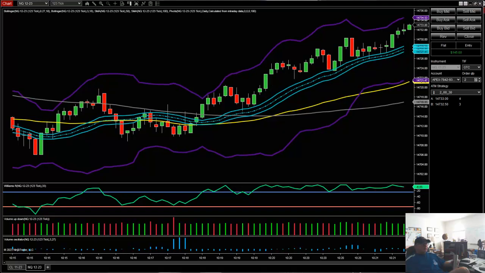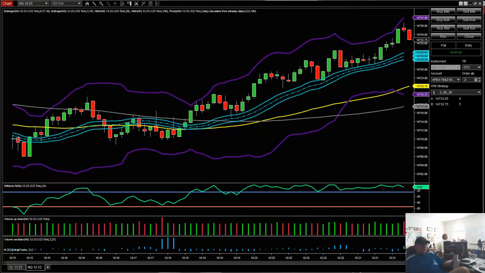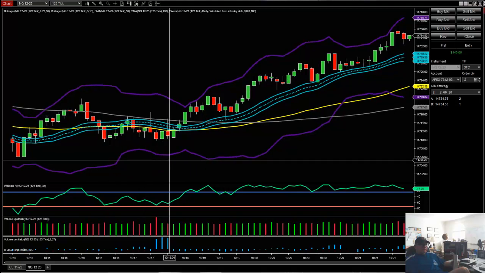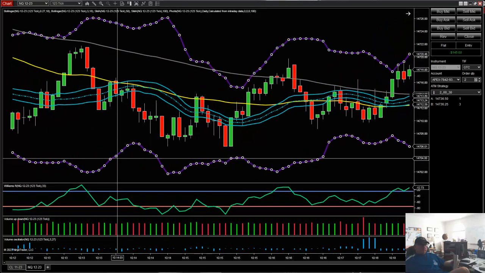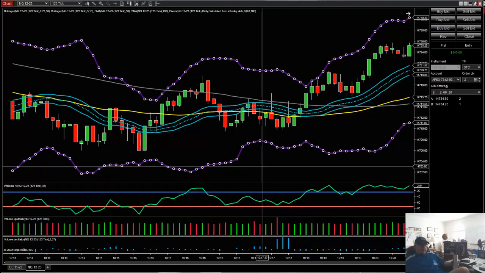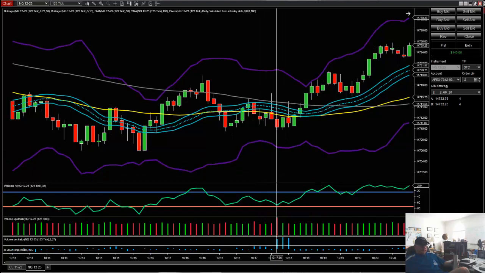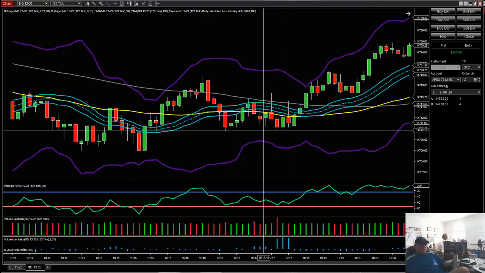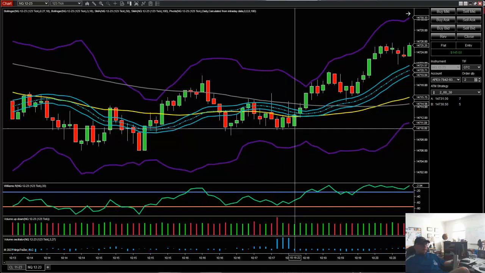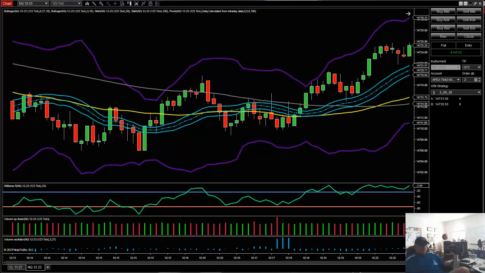So we have a green, last 5-minute bar was green. This is all by itself right there. Interesting, right there. And up we go.